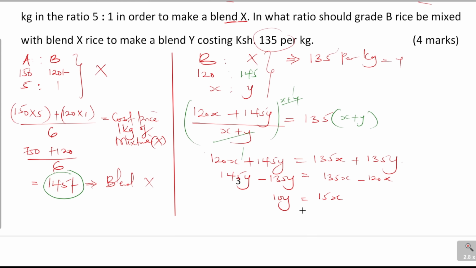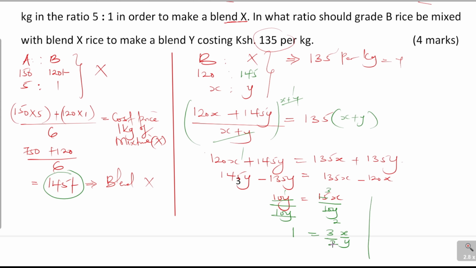Since you want to get the ratio x is to y, you can simply divide both sides by 10y. So that you have 1 equals, dividing by 5, 3 over 2 times x divided by y.